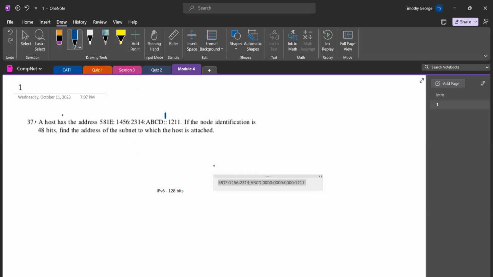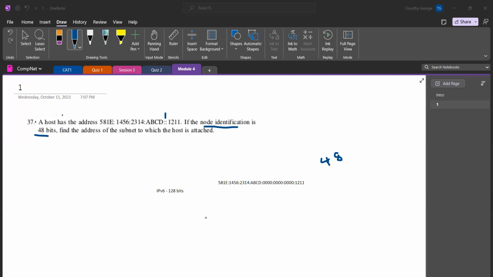And the good thing about this is that you don't have to convert into binary if you're doing IPv6. Okay, next we're given that the node identification is 48 bits. So 48 binary bits. How many digits is this in hexadecimal?